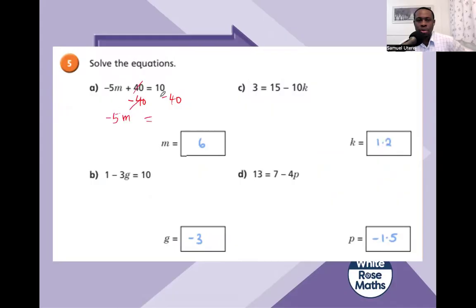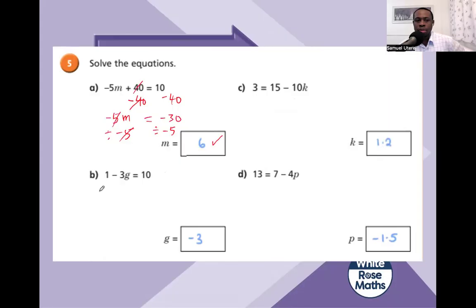Is equal to 10 subtract 40, which is negative 30. Now we need to divide both sides by negative 5. So negative 30 divided by negative 5, two negatives dividing each other will be what? Positive.